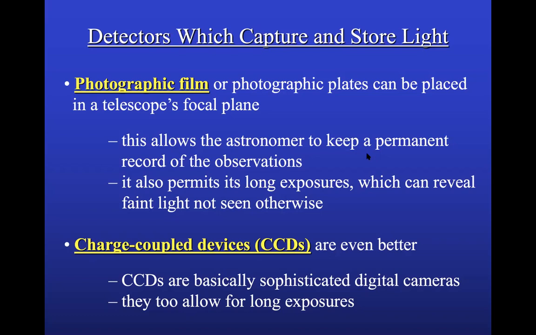They are basically very sophisticated digital cameras, right? So they allow us to do very long exposures and get better images. Now the latest addition to that is the camera you see in the LSST telescope that I have shown you, the world's largest digital camera.